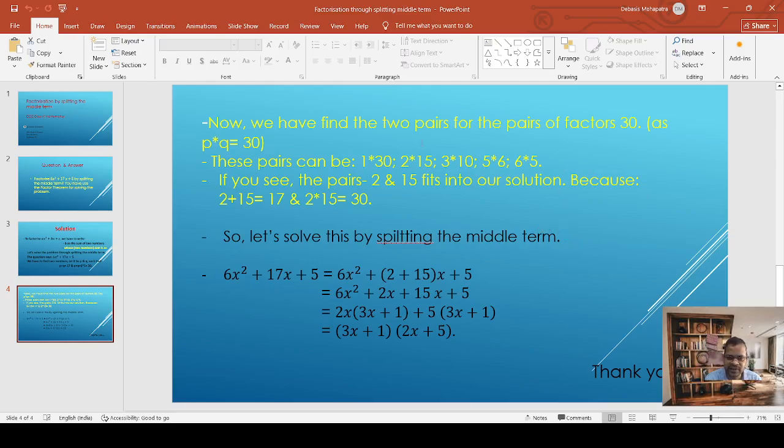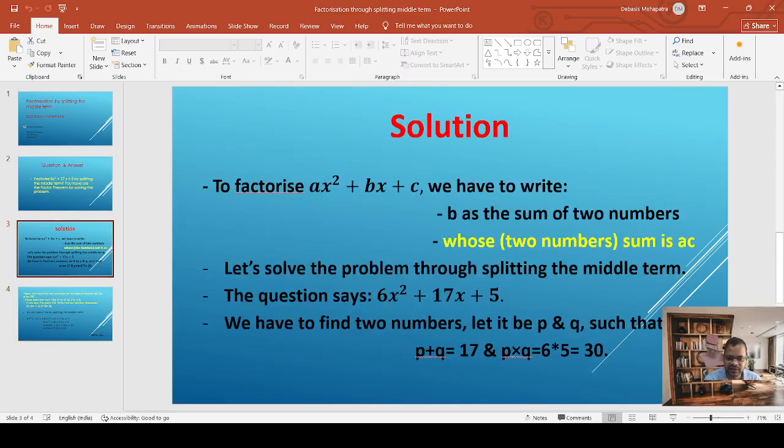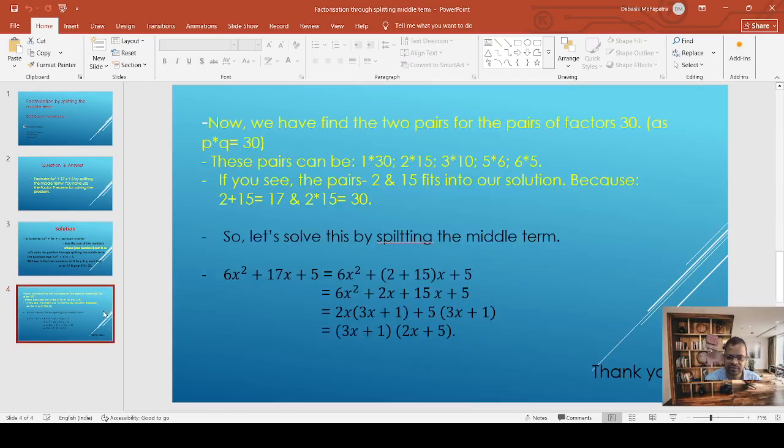Those pairs can be 1 into 30 is 30, 2 into 15 is 30, 3 into 10 is 30, 5 into 6 can be 30, 6 into 5 can also be 30. So let's see, if we add 1 plus 30, will it be 17? Here we have to get p plus q as 17. No, the answer is no.